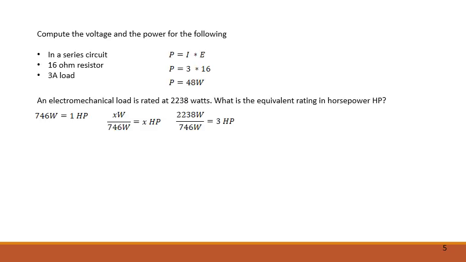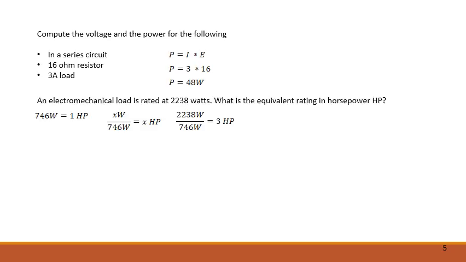So using the power formula, P equals I times E, power equals 3 amps times 16 volts, and the power equals 48 watts.